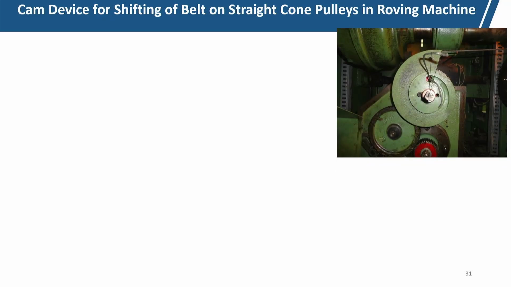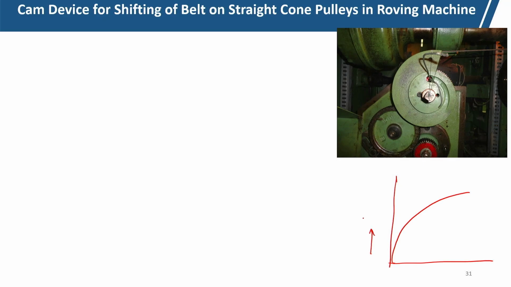Now, a cam device is used, that is, an eccentric arrangement is used to have the cone belt shift to different extents. At the starting point there will be a larger shift, but as it goes on, as we have seen, this type of shift is there.